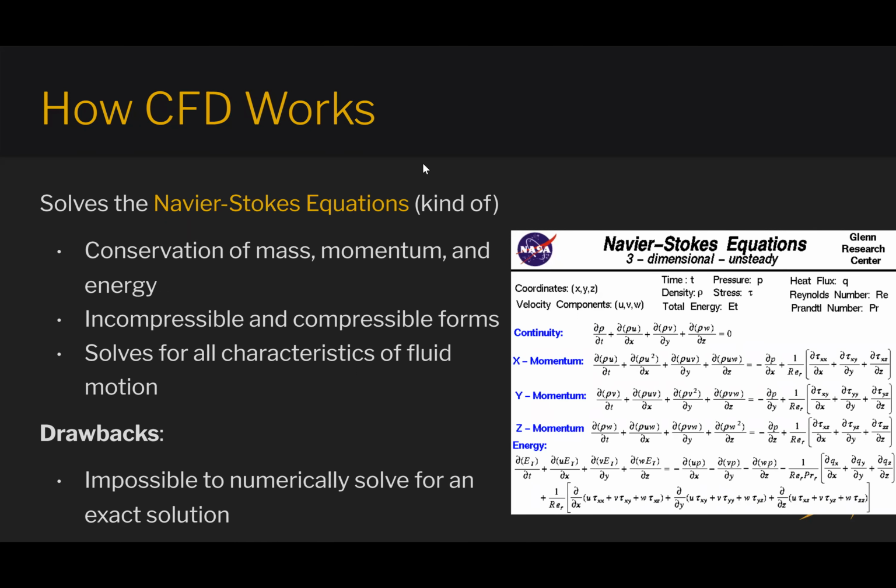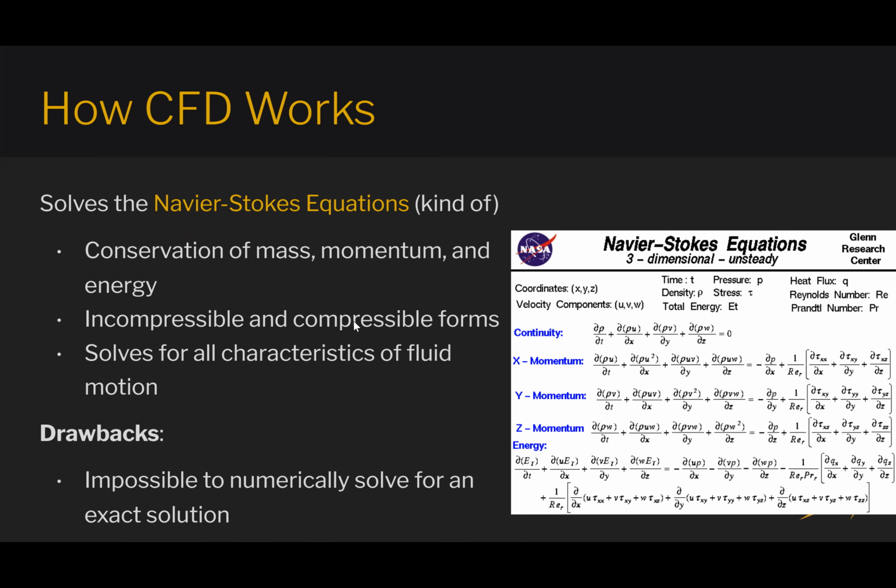Okay, so how CFD works, we're going to go into some aerodynamic background and theory, just for your information. Navier-Stokes describes all fluid motion. In its basic form, it's just conservation of mass, basically the continuity equation right here, and then conservation of momentum per degree of freedom, and then conservation of energy.